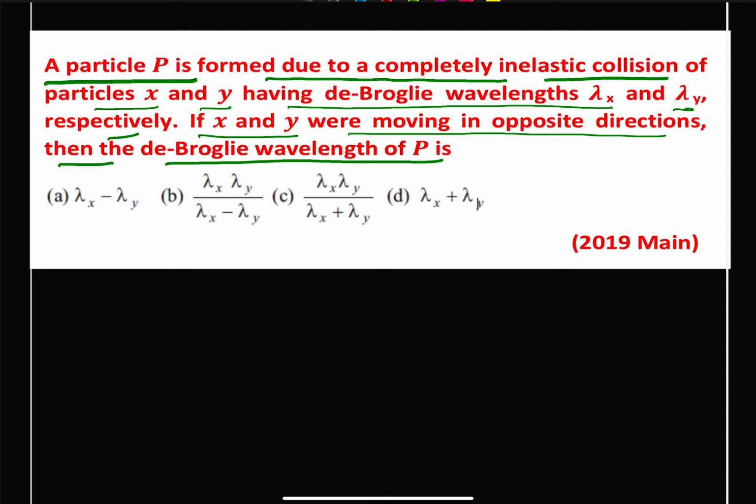So here we have to keep in mind that it is completely inelastic, and x and y were moving in opposite direction.